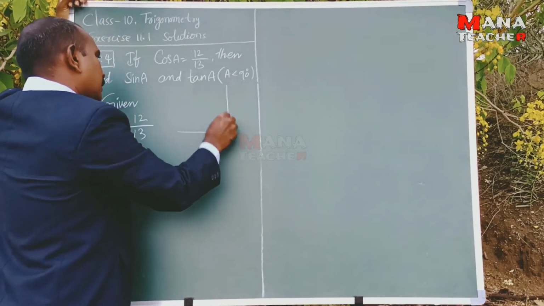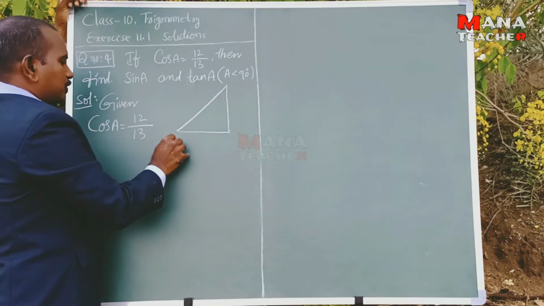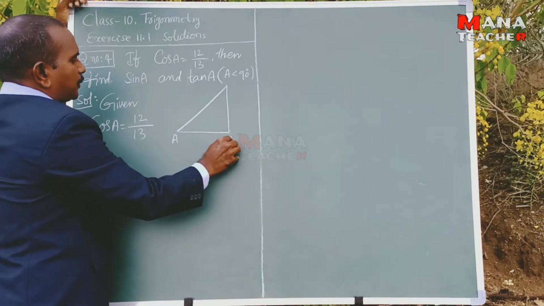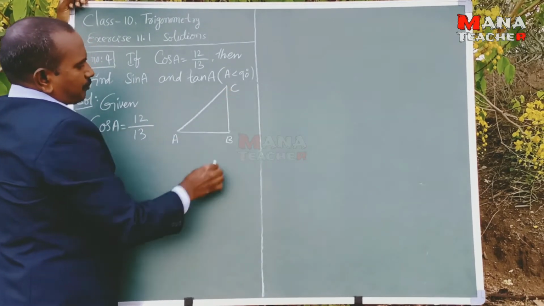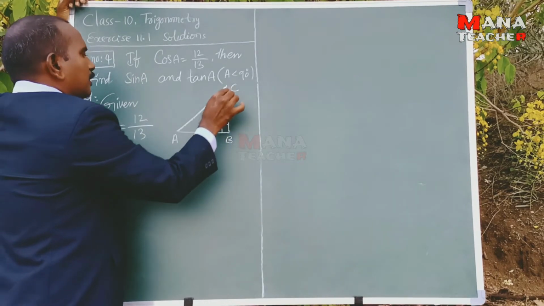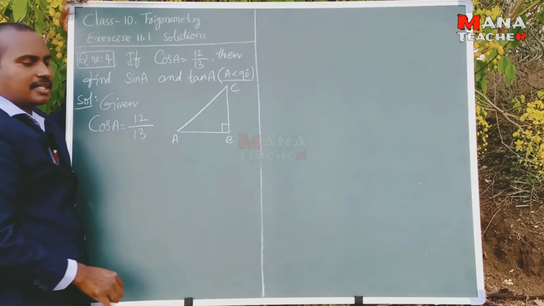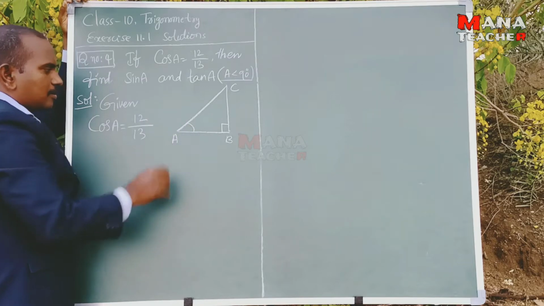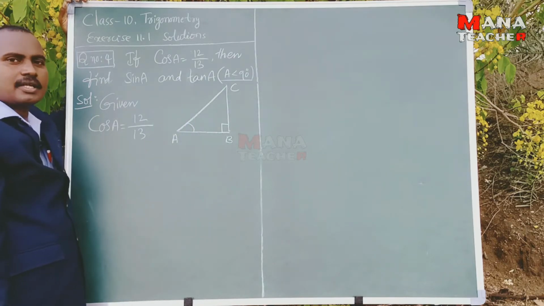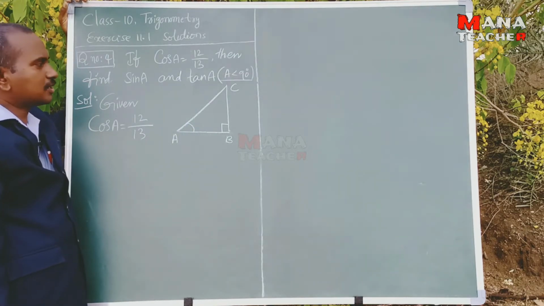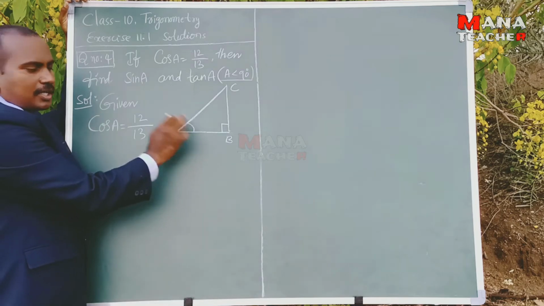Right angle, this is A, this is B, this is C. Here angle A is less than 90 degrees, which means A is an acute angle.